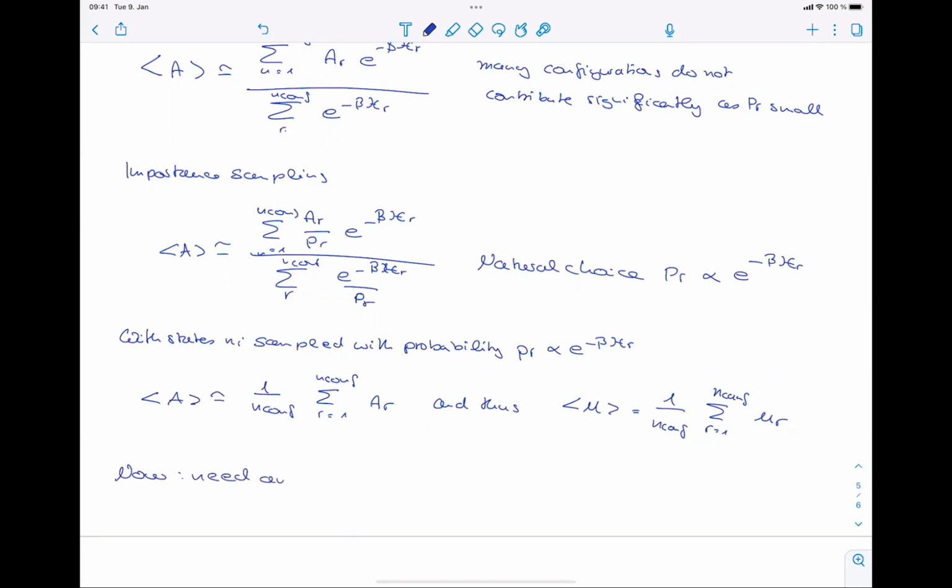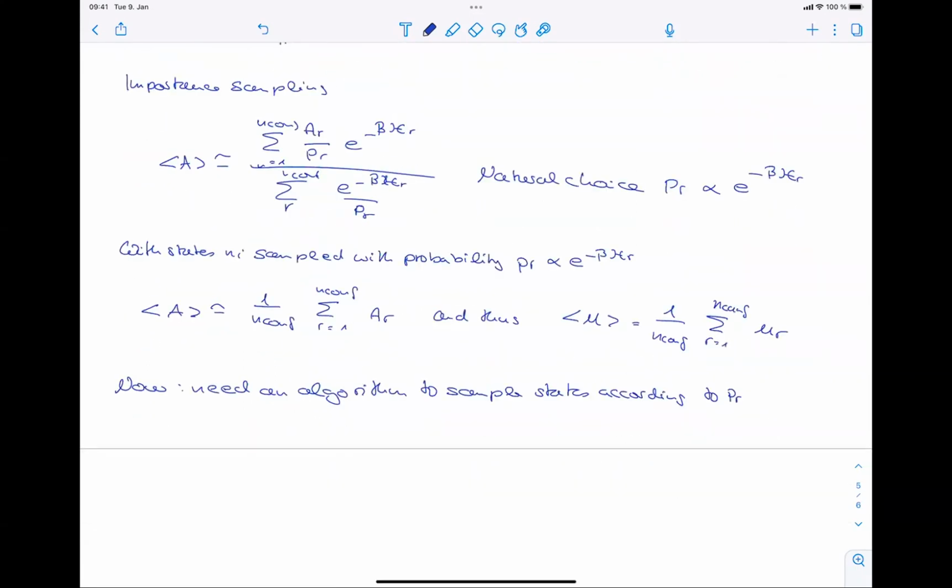We need an algorithm to sample. And that brings us to the concept of Markov chains.